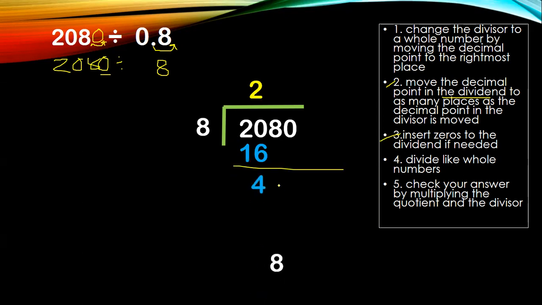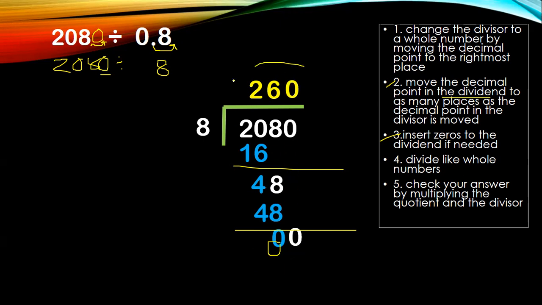Then bring down 8, and 48 divided by 8 is 6, and 6 times 8 is 48, and 48 minus 48 is 0. Then bring down 0, and 0 divided by 8 is another 0. So the quotient of 208 divided by 8 tenths is just 260.